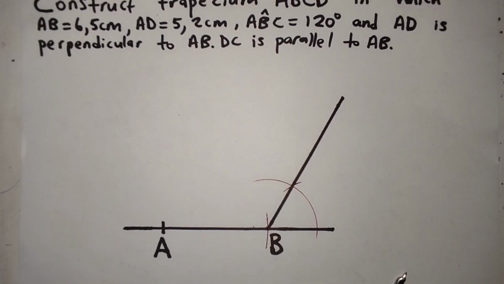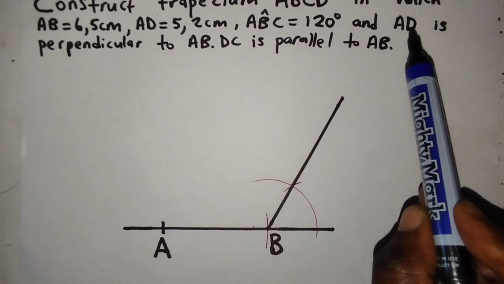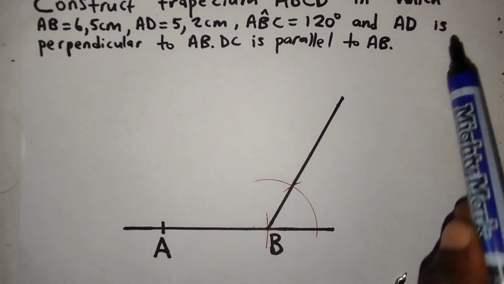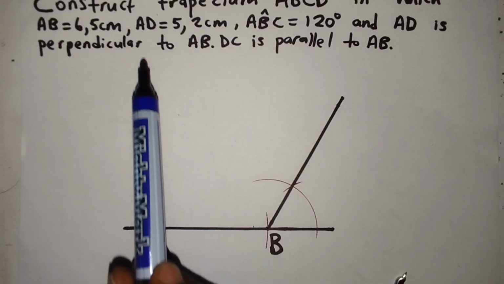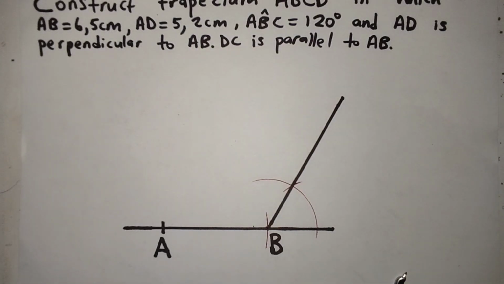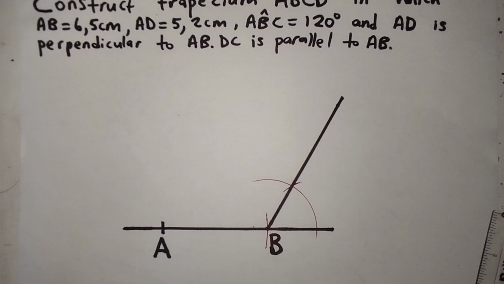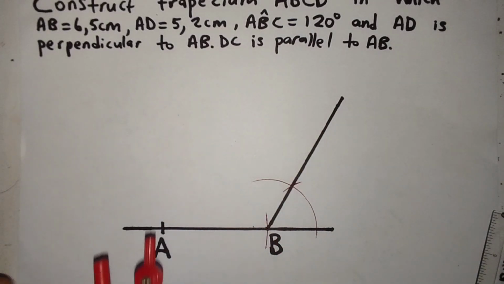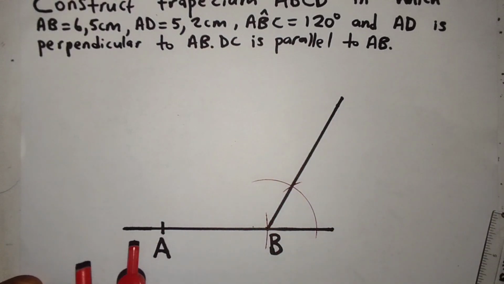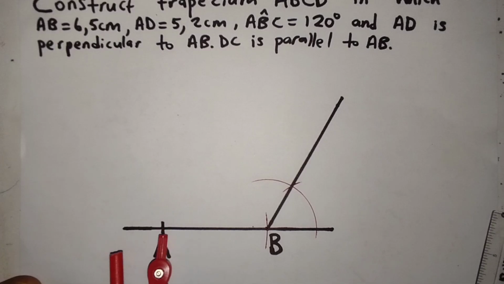Now the next thing is to construct AD, which is perpendicular to AB. Also the length of AD is 5,2 centimeters. So if AD is perpendicular to AB, I have to construct an angle of 90 degrees at A here, so that AD will be perpendicular to AB.